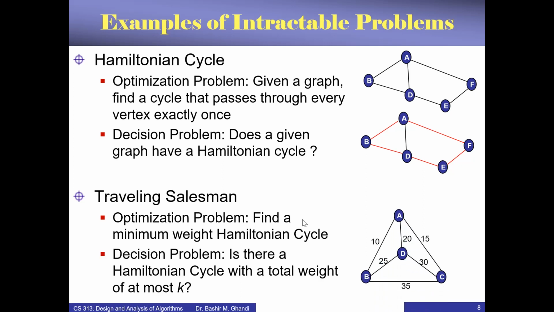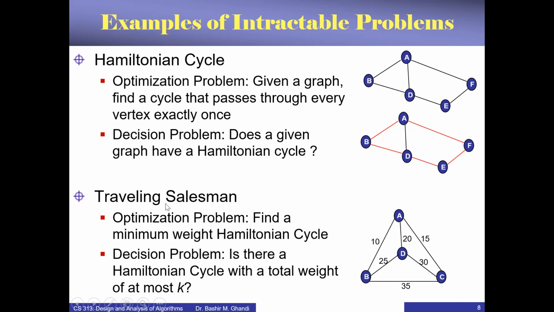As a decision problem, we can cast this as: is there a Hamiltonian cycle with a total weight of at most k? So go through all these edges and see if you can find a cycle whose total cost is at most k.